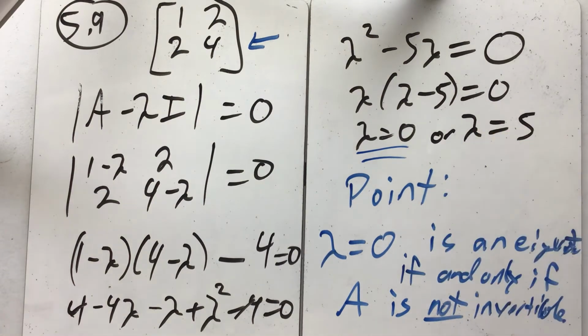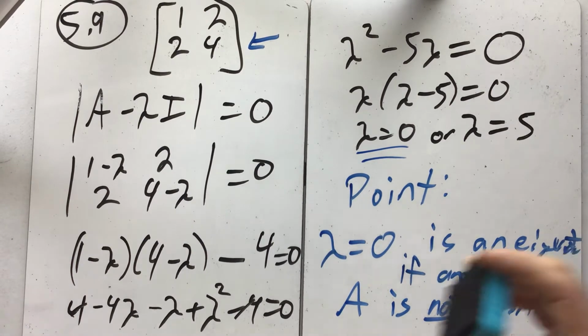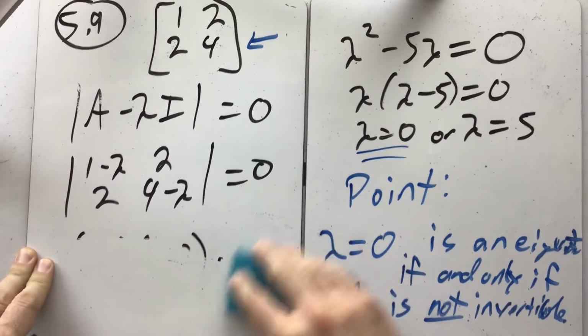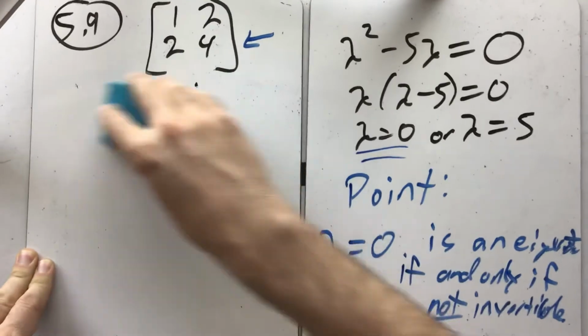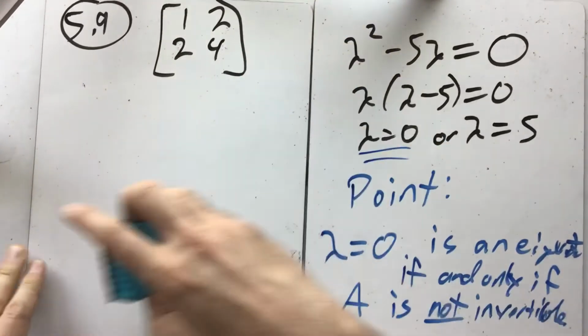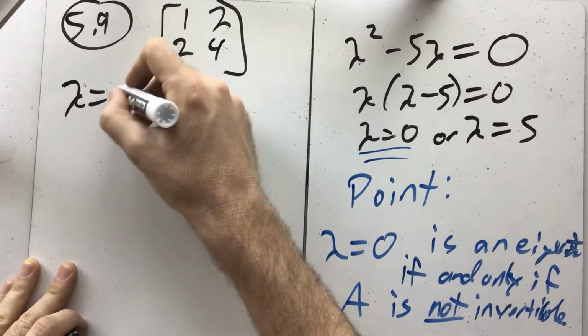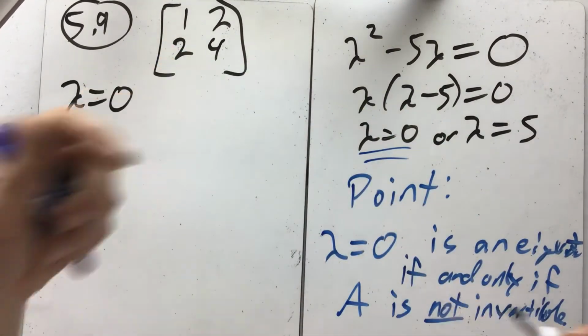Okay, let's now tackle this. We've got lambda equals 0 and lambda equals 5. Let's look at each of these one at a time and see if we can figure out its associated eigenvector and make sense of those. Let's start with the lambda equals 0 eigenvector. Well, that's simple. You don't even have to subtract anything.